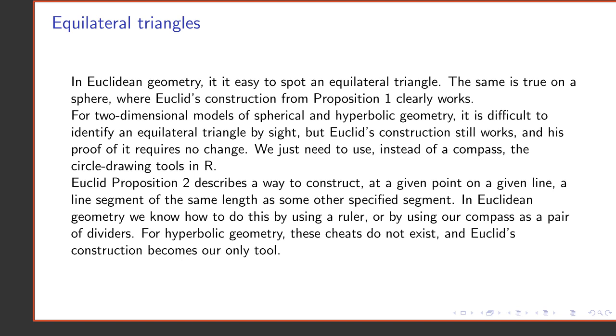In Euclidean geometry, we could cheat by using a ruler or a pair of dividers. No such cheat exists in hyperbolic geometry, but Euclid's proof of proposition 2, which involves drawing various circles and constructing an equilateral triangle, will still work.